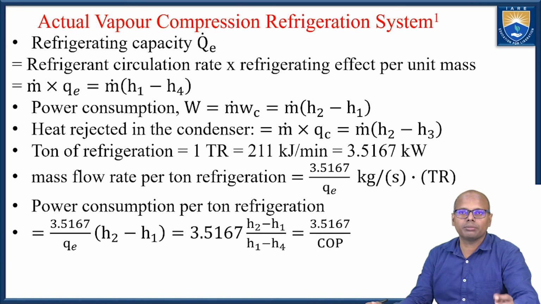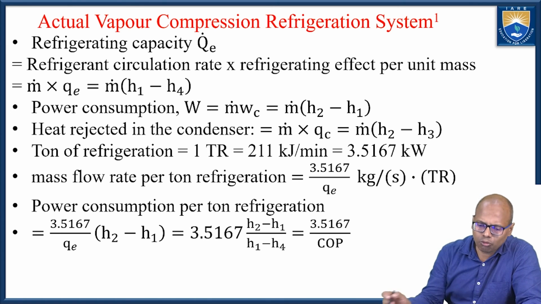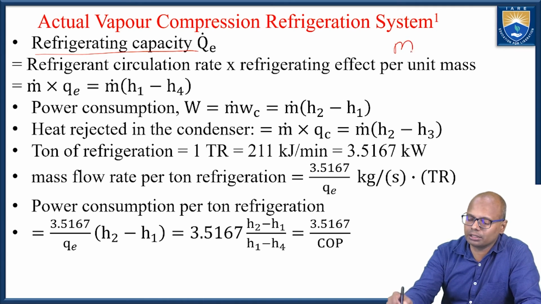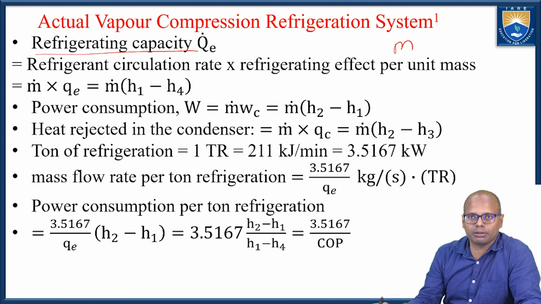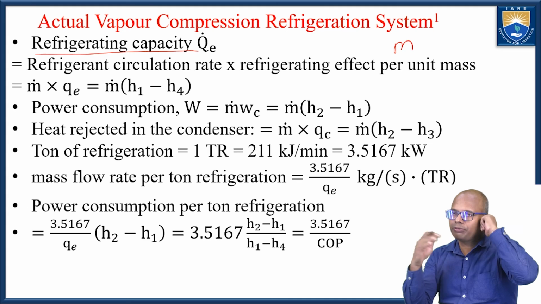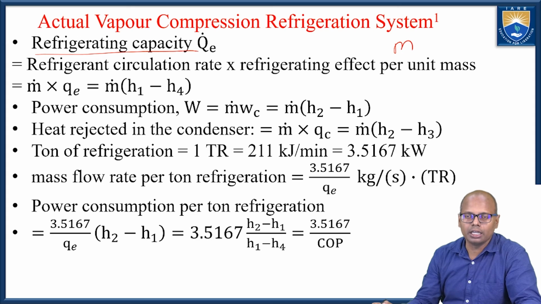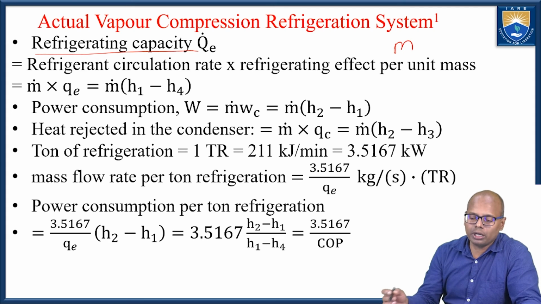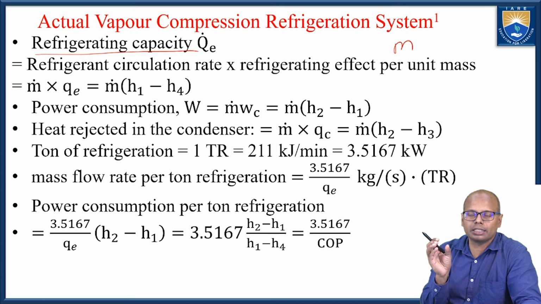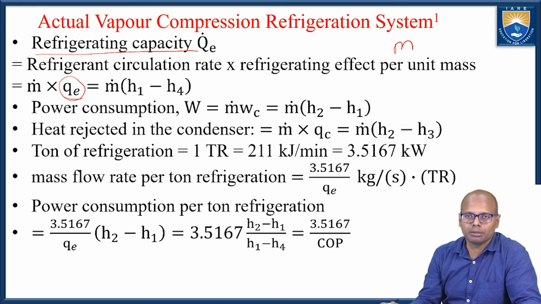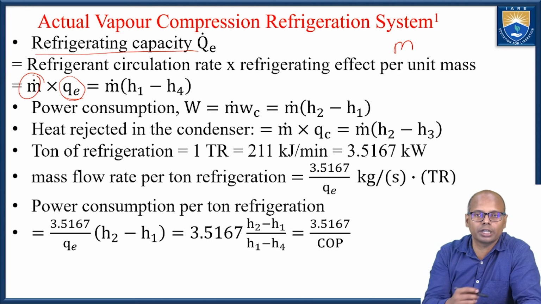Now there are other things that we need to find. What is the refrigerating capacity of the plant? Suppose I am given the mass flow rate of the refrigerant, the amount of refrigerant that is being circulated per unit time. In that case, I know the refrigeration effect, H1 minus H4 taken from the table, and I find the refrigerating effect per unit mass, and I know the mass flow rate from the problem.